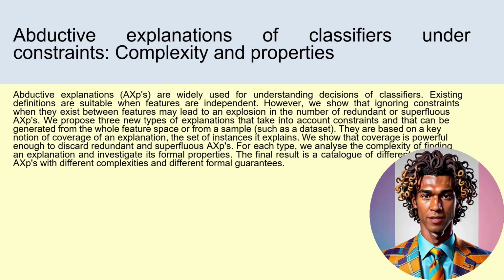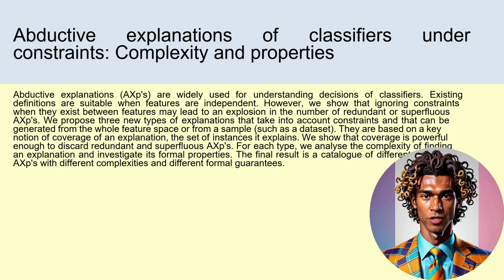To address this, the authors propose three new types of explanations that consider constraints and can be generated from either the entire feature space or a specific sample, like a dataset. These new explanations are based on the concept of coverage, which refers to the set of instances that an explanation can explain.